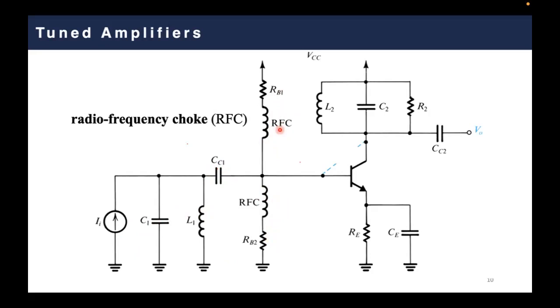You need this branch to be considered in a DC analysis. As all of you know, our inductors, our coils, are considered as a short circuit while considering DC, j omega L, where omega tends to 0 at DC.